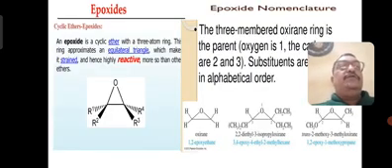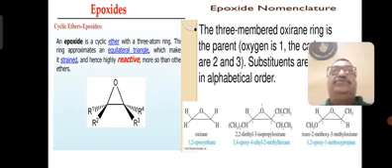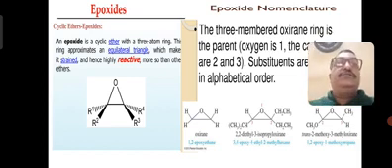Now with this we move on to the other aspect of this topic, that is epoxides. What are epoxides? Epoxides are cyclic compounds containing an oxygen, that means cyclic hydrocarbons, CH2 CH2, and there must be one oxygen. Such cyclic compounds are called epoxides.